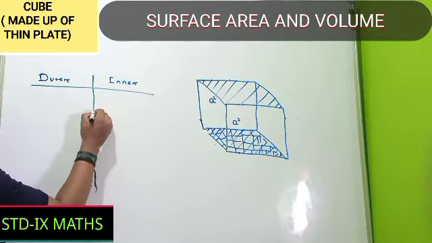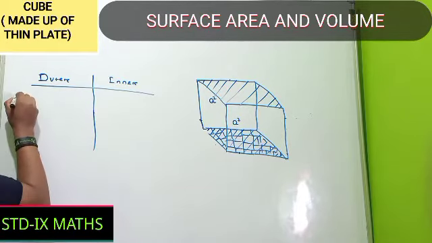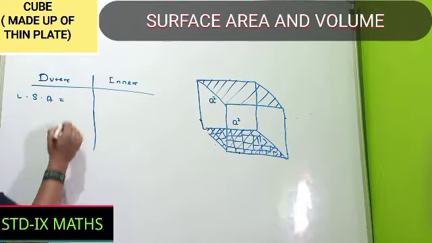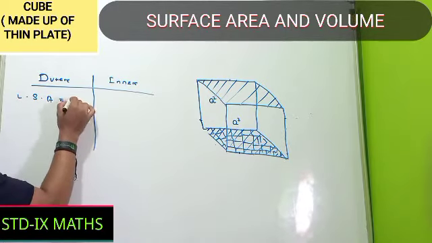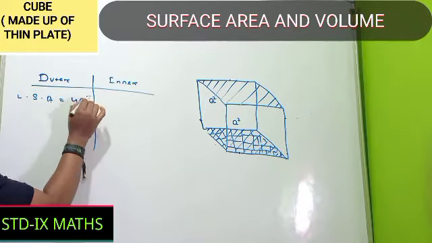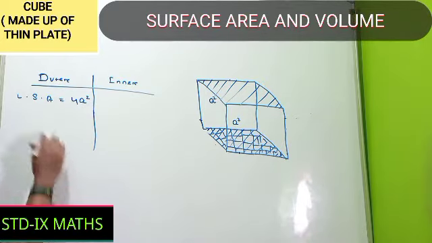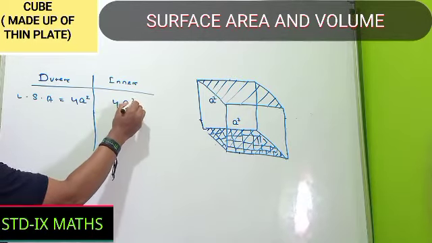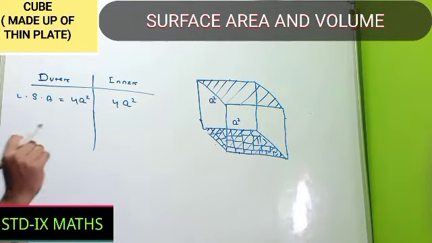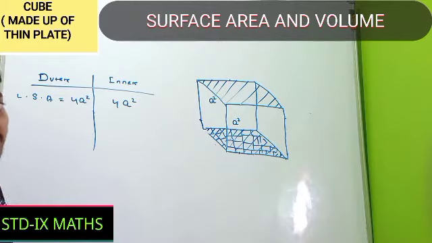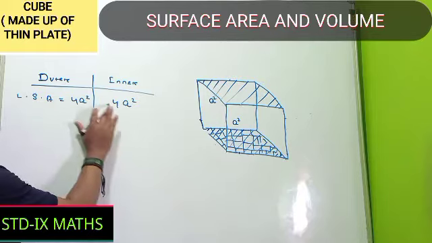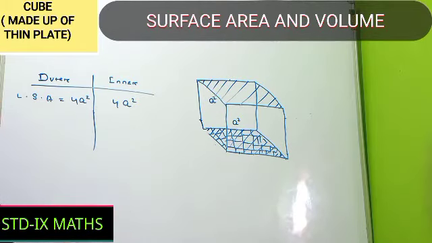See, the outer lateral surface area will be 4a square, and the inner lateral surface area is also the same, 4a square, whenever the width of the plate is very negligible. Both are the same.